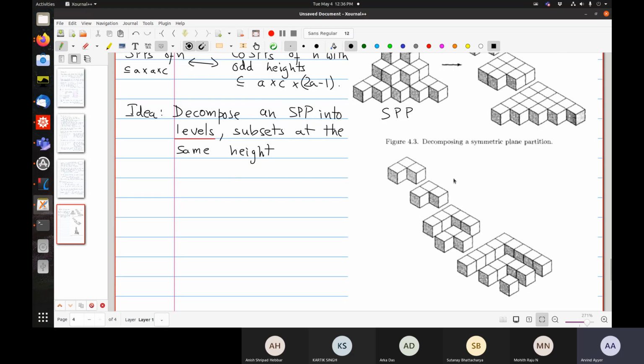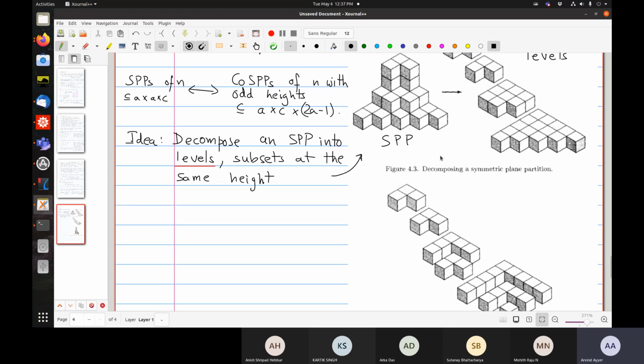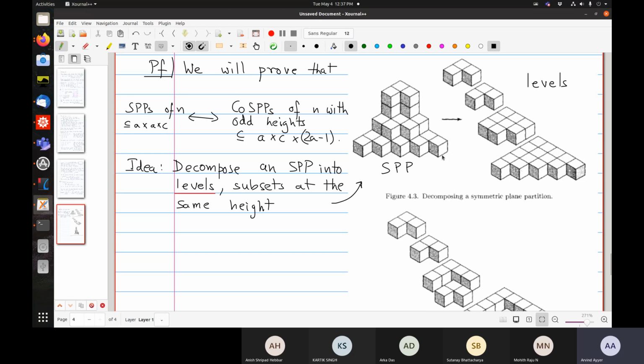So that's the first step. That's step 1, shown over here, so let me put an arrow. Further, now each level is symmetric, right? Because the plane partition is symmetric.